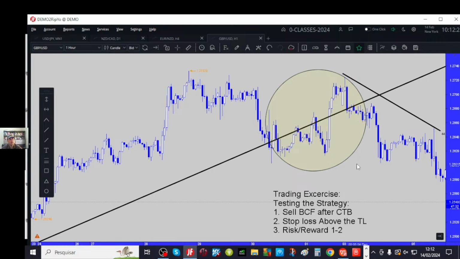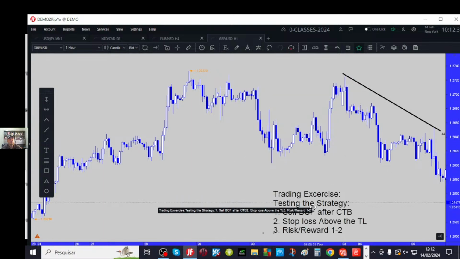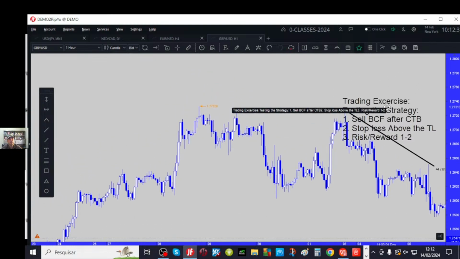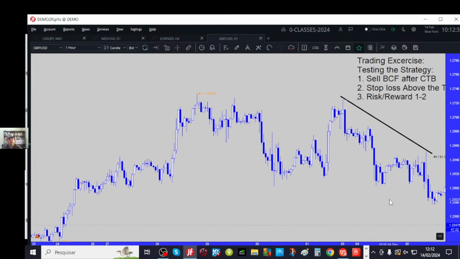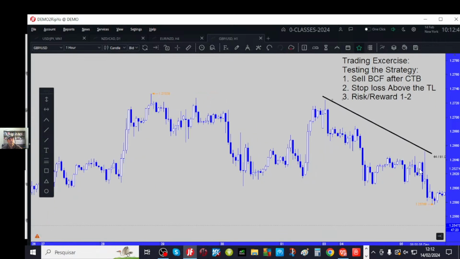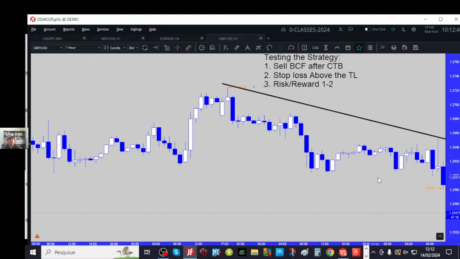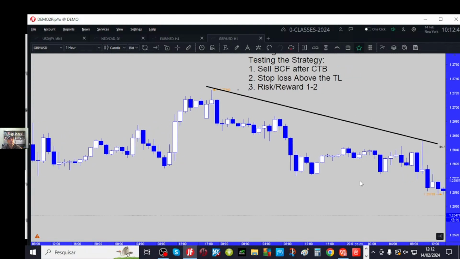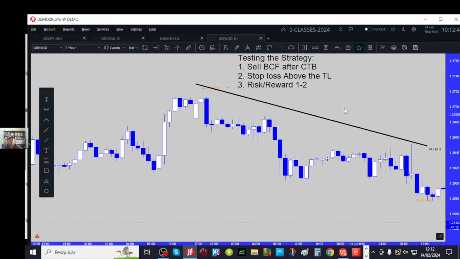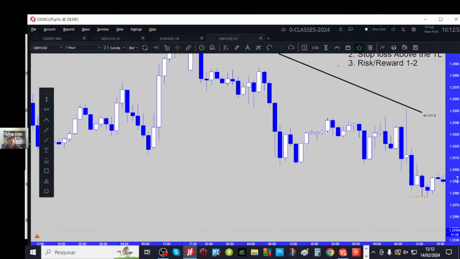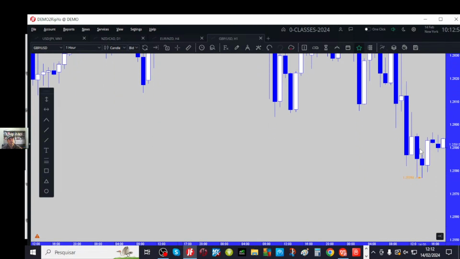Alright, everybody, moving forward. So I'm going to delete this one, and I'm going to delete this one. Now remember, I'm focusing on the strategy, right? So this is the market, and I'm monitoring the market. This is the strategy so far, and I'm going to be here.